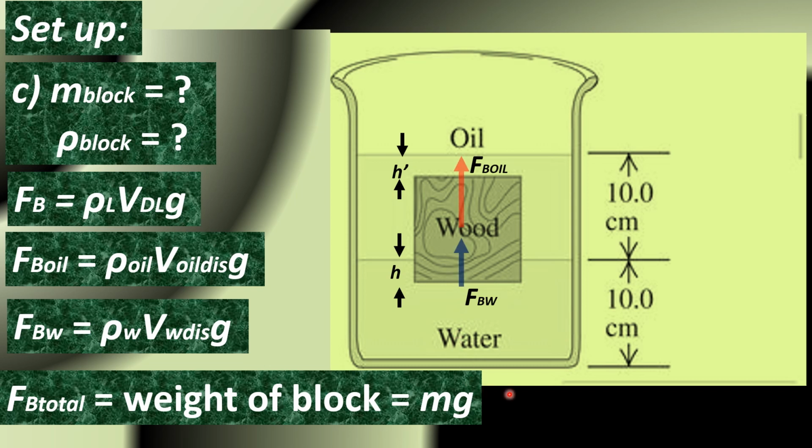So the net force on the block of wood, we say, is equal to 0. And after getting the mass, based on this definition of the total buoyant force being equal to mg, we can proceed in calculating the density of the block of wood simply by dividing its mass by its volume.